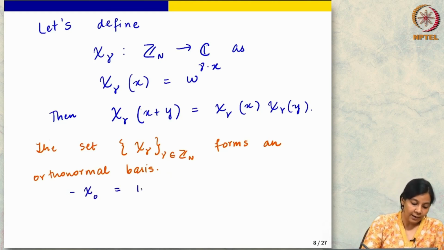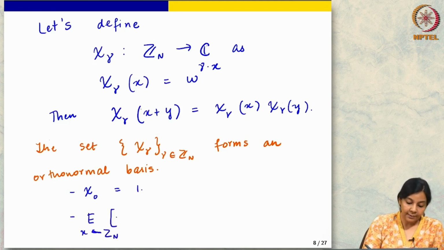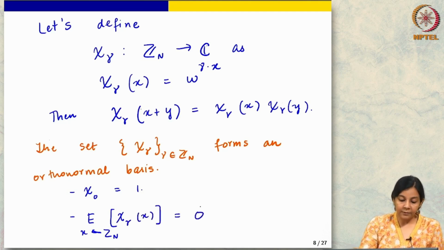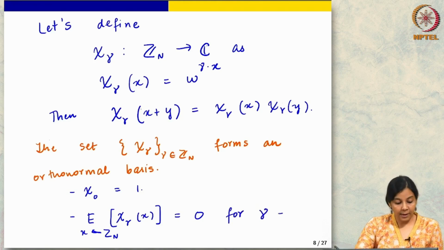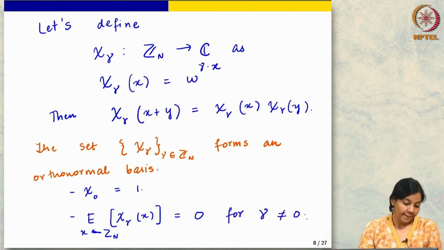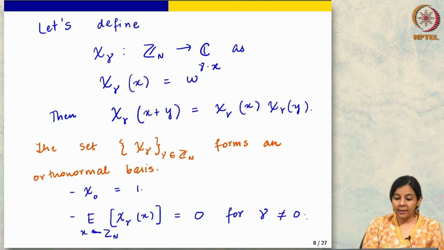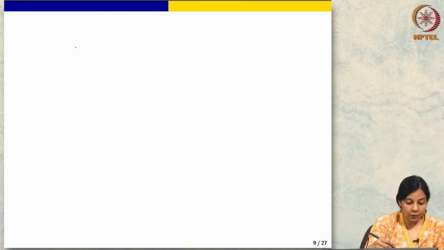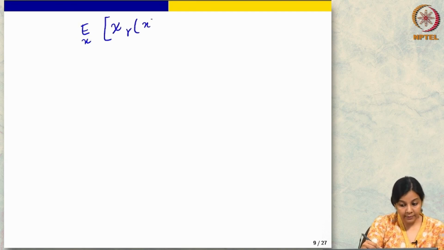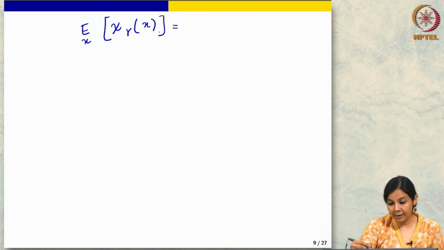So, chi of 0 is again 1 by definition. Okay. Another nice thing is that the expectation of chi gamma x when x is sampled over Zn also turns out to be 0 for gamma not equal to 0. And maybe this is worth writing. So, remember we are looking at the expectation over x of chi gamma x. This follows from the definition of expectation and chi gamma.